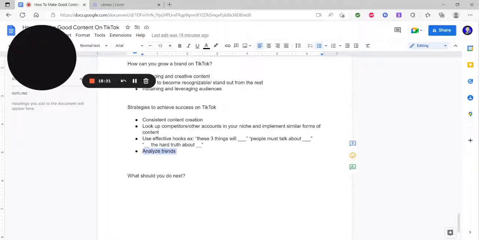And again, analyze trends, whether it's a dance, a song that's added in the video, a certain type of challenge, or a hashtag. You can analyze these things and leverage these hashtags or trends, or whatever the fad on TikTok is, and use it to do what you do, but make it unique, creative, and engaging in such a way that you're able to build your viewership from that.